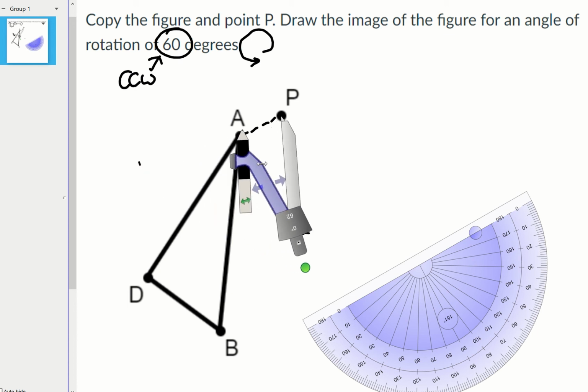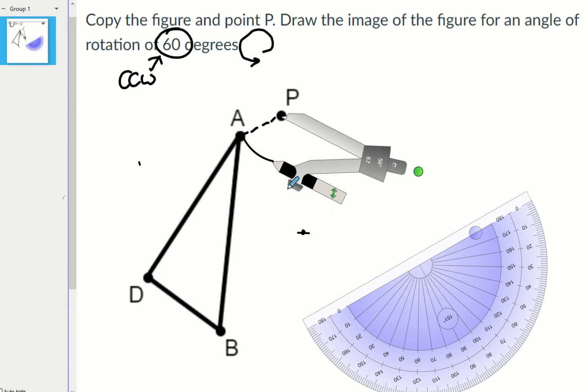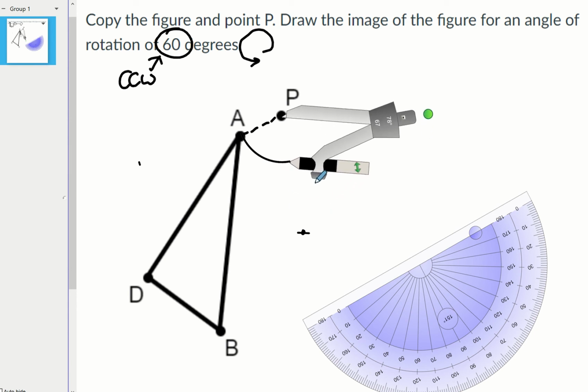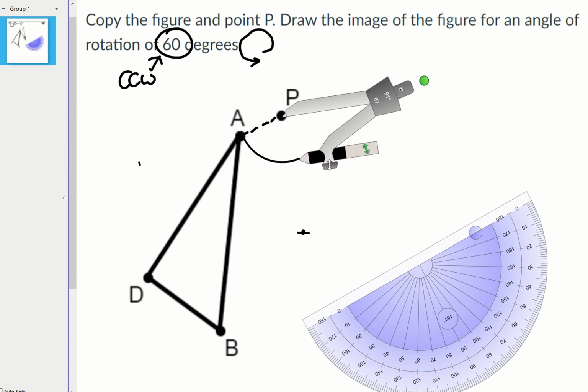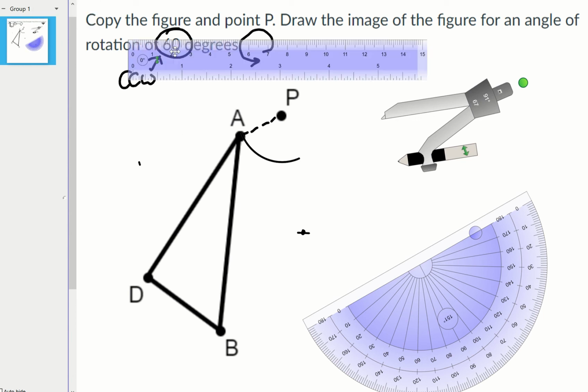Right here, and put it on point A. And then let's go ahead and draw an arc. You're going to draw an arc until you get to that mark that you drew. There you go. So there's the mark that I drew. It's around here. So I went a little bit past it, but that's okay. Do that, and then we'll go ahead and use a ruler here.